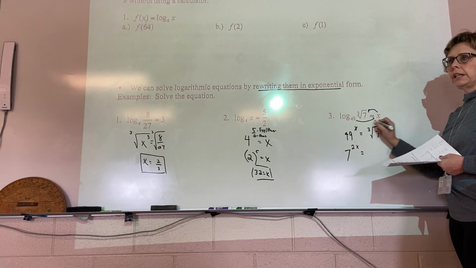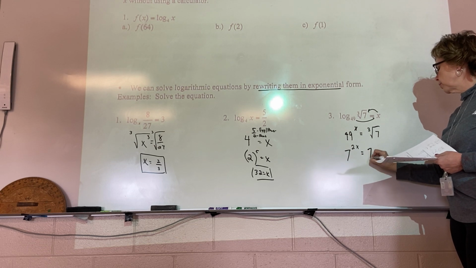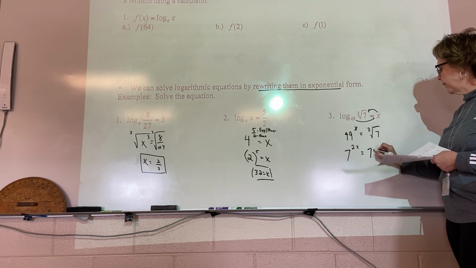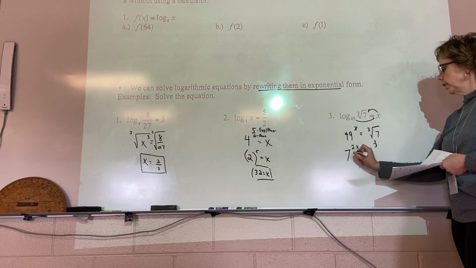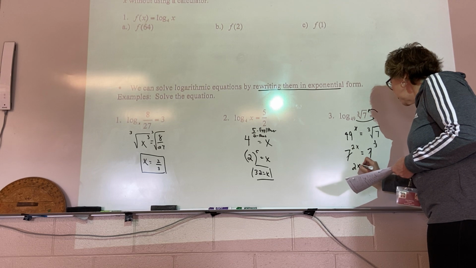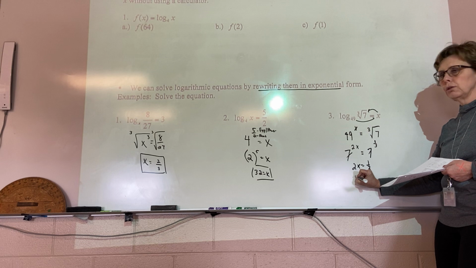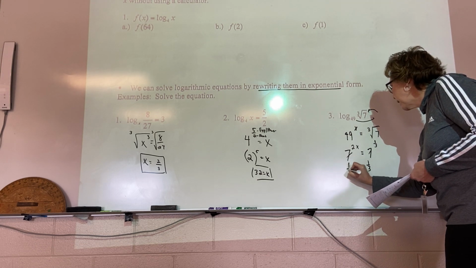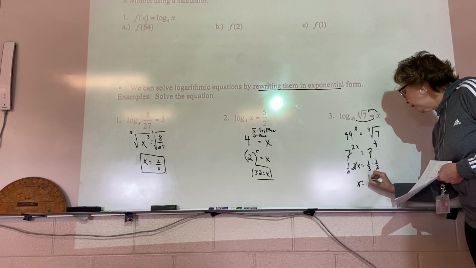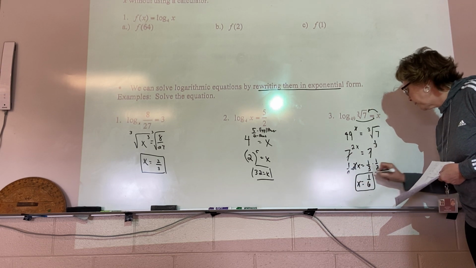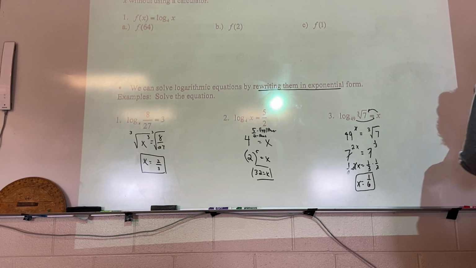Now this looks funny, but I'm going to rewrite it as a fractional exponent, 7 to the 1/3 power. So looky here, same base, 2x equals 1/3. Well, dividing by 2 is the same thing as multiplying by 1/2. Well, what I do to one side, I got to do the other. X is equal to 1/6. Okay? All right, flipping your page.